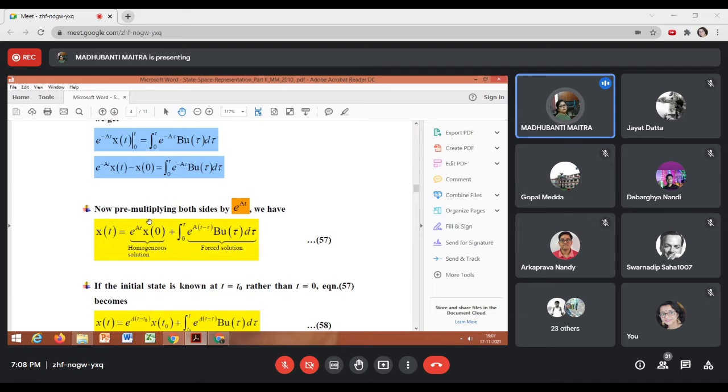So this is the natural response of the system, and this is the forced response, because now the forcing function u is present. Because of the presence of the forcing function, the system will exhibit this response. And since it's a linear system, the natural response and the forced response give us the complete response of the system at time t equal to t.